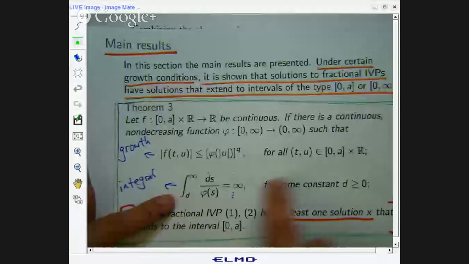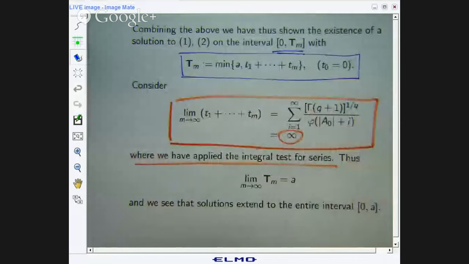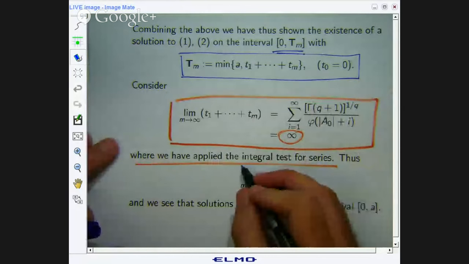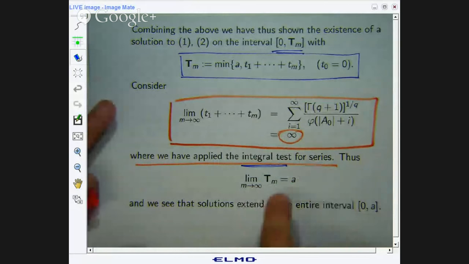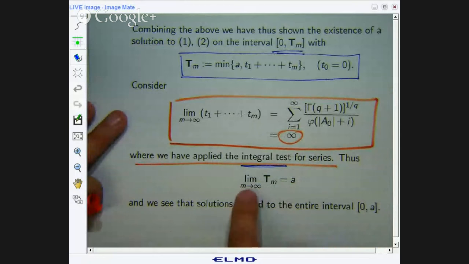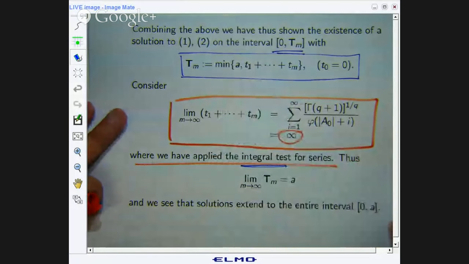That is nothing more than something you would see in a Calculus 2 course, in basic introduction to series. It's the integral test. If this diverges, then this sum must also diverge. So we've just applied the integral test for series. So what does that mean? It means that basically this goes off to infinity.